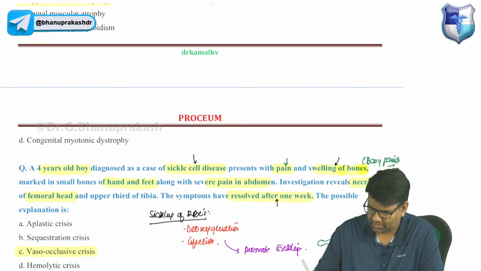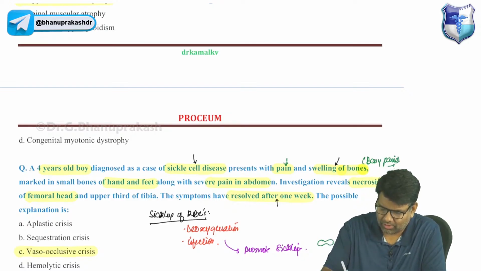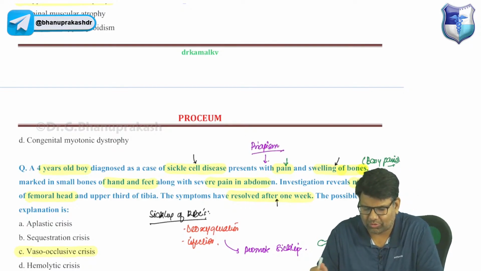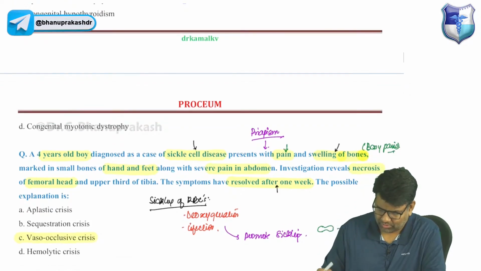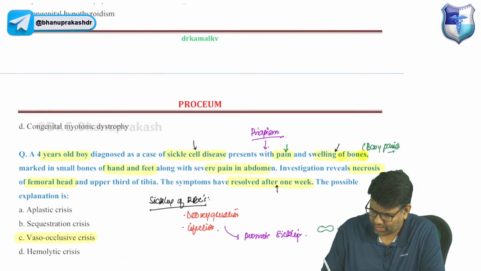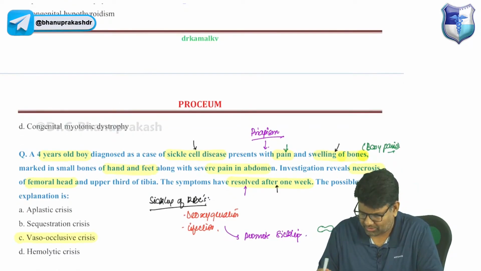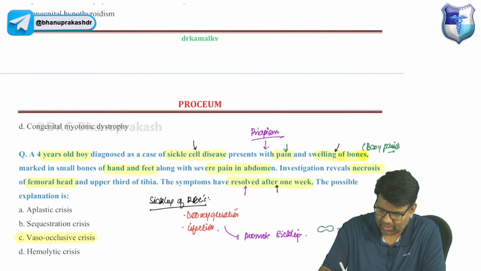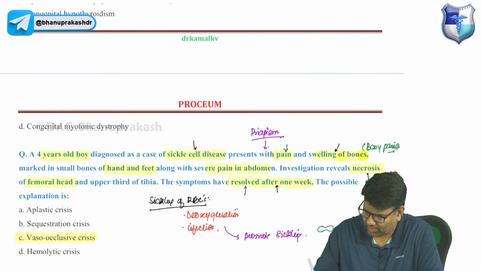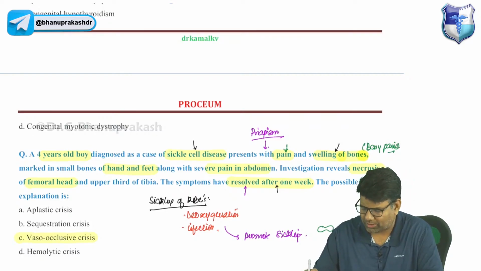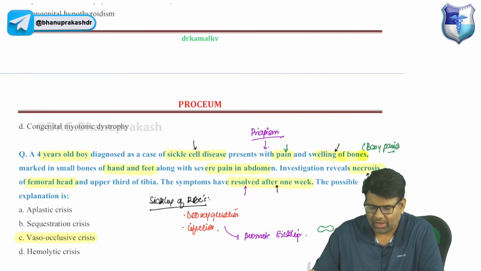This is bony pains, and here you can also remember one more term, that is priapism. Priapism can also be related here, right? So once the sickling goes away, condition will resolve. This is very important. And yes, there can be AVN, there is possibility just because of this impairment of the arterial blood flow.